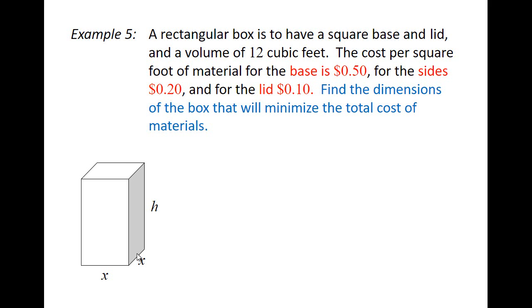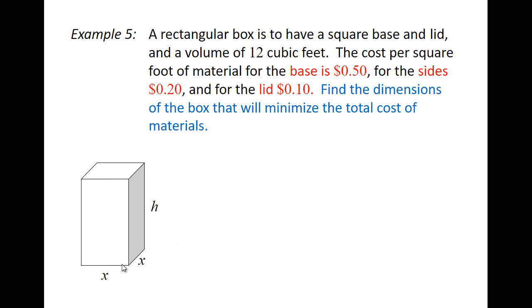So we have a box where the base is a square, so the length and width of the base are the same. So let's say x is the length of each side of the base, and so the top has the same dimensions as the base, and let's say h is the height of the box. Okay, so let's look at the cost of building the base.